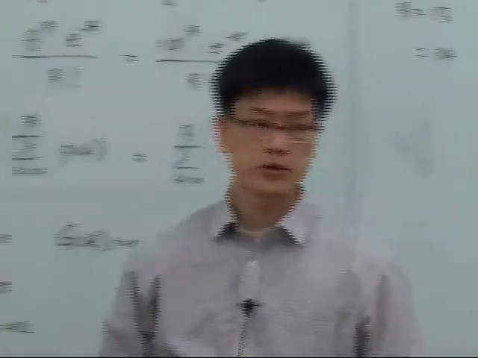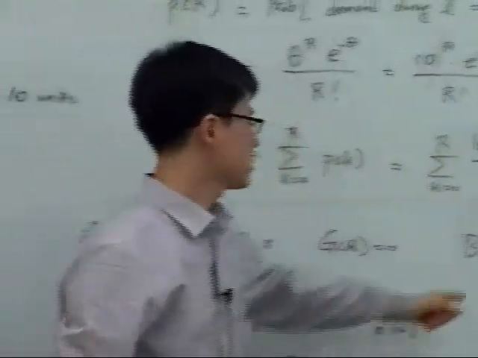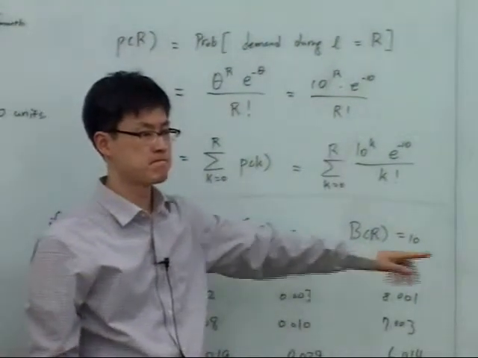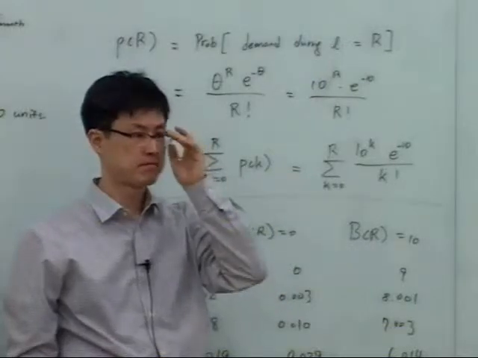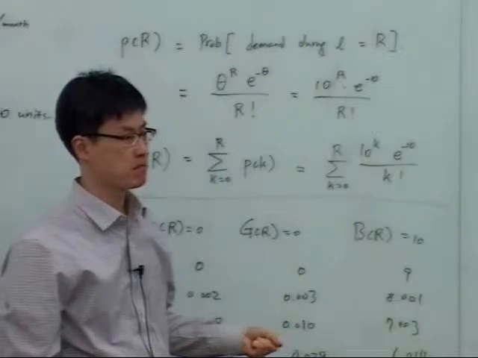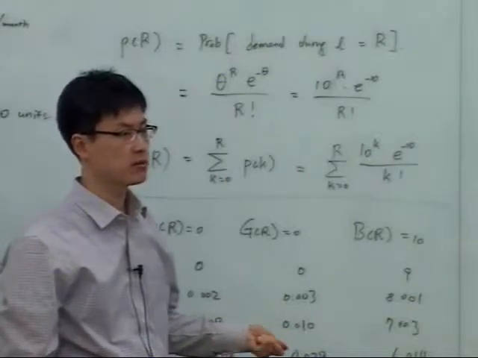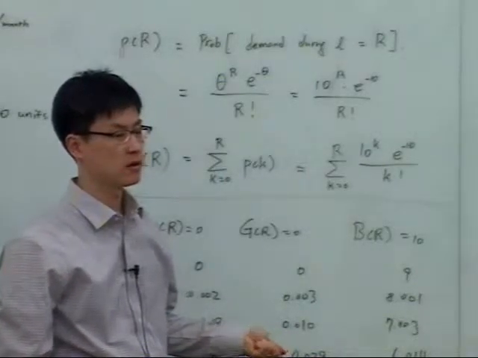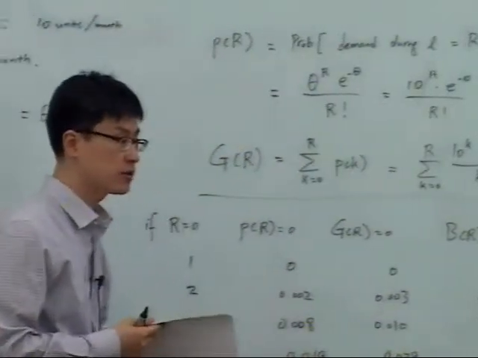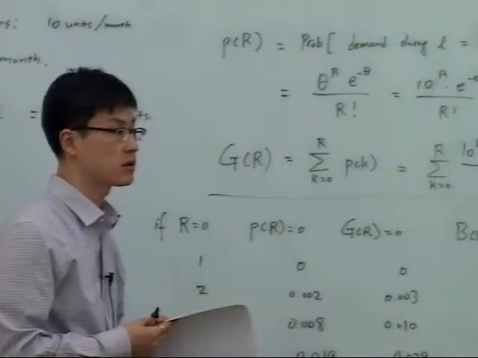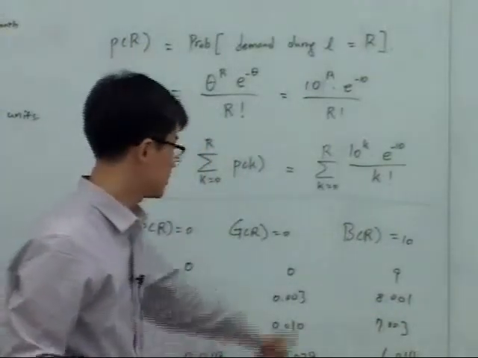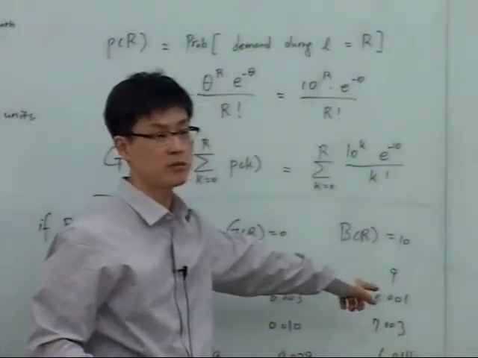Okay, question. What's the meaning of the function BR? Expected value of what? Backorder. Is it a probability or a number? Number, the average number, the expected value of the number of backorders. It starts from 9, so it cannot be a probability.